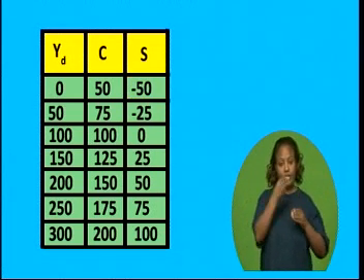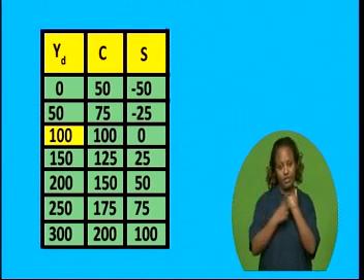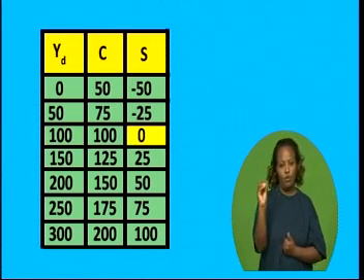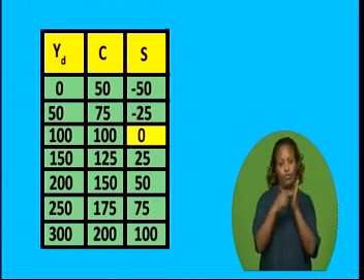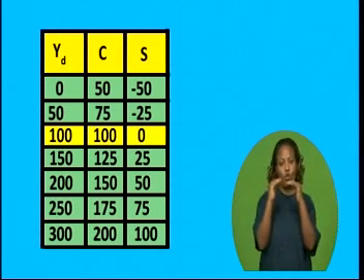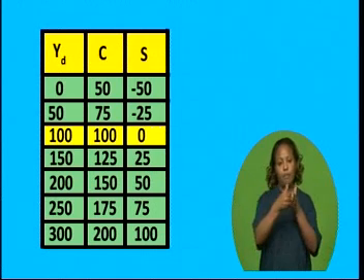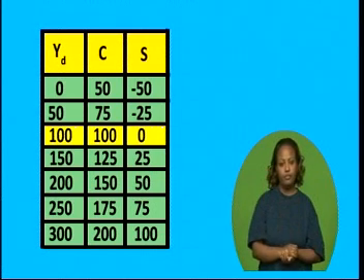When disposable income is 100 million birr, savings becomes 0. Hence, this is the break-even point of the economy. That is, S equals 100 minus 100 equals 0.